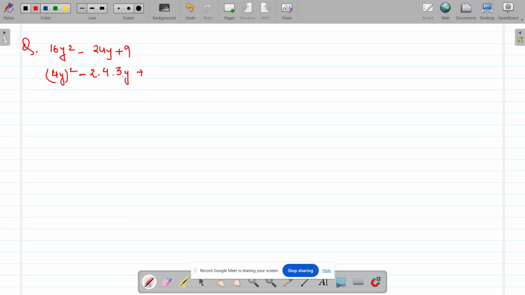And 9 we can write as 3 squared. So this is of the form a squared minus 2ab plus b squared, right? So we can write it as (a minus b) whole squared, and it becomes (4y minus 3) whole squared, right? You are getting it, right? You have understood all the things.